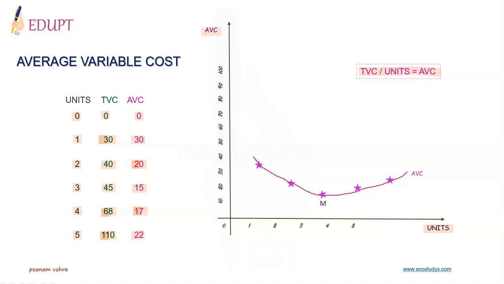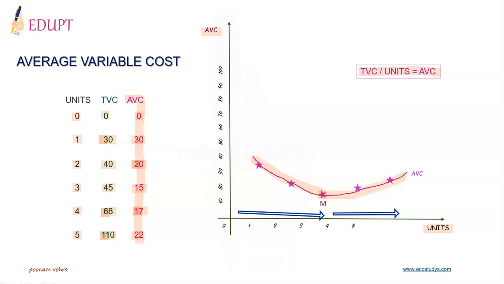By plotting these points of average variable cost, one finds that as output is increased, average variable cost initially falls, reaches its minimum, and then with further increase in units, average variable cost rises.